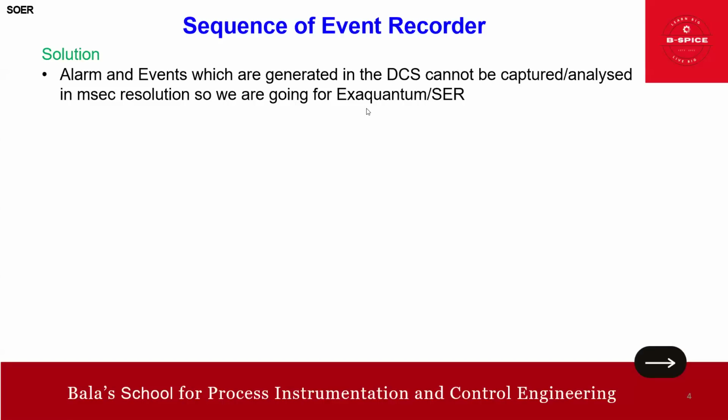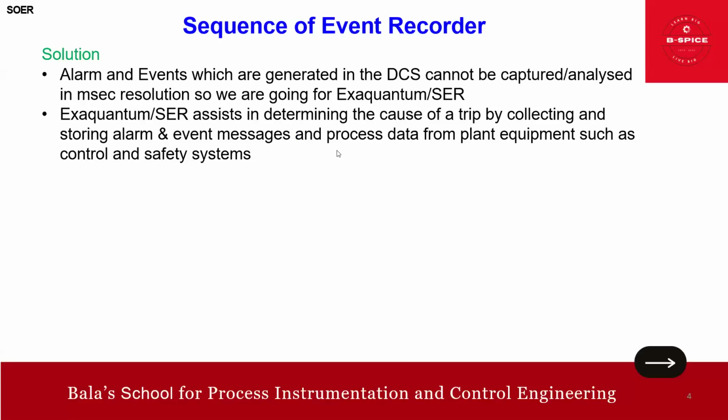So we are going for Quantum SCR. Quantum is one of the systems; of course, many manufacturers have different systems. Quantum SCR assists in determining the cause of a trip. How? By collecting and storing alarm and event messages and process data from plant equipment such as control and safety systems, DCS and ESD systems.